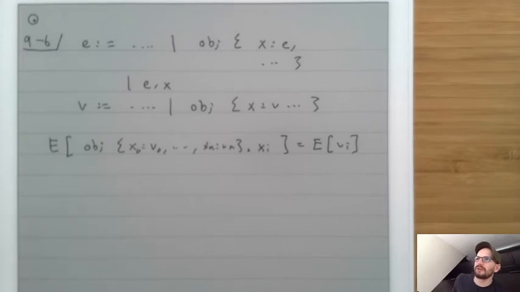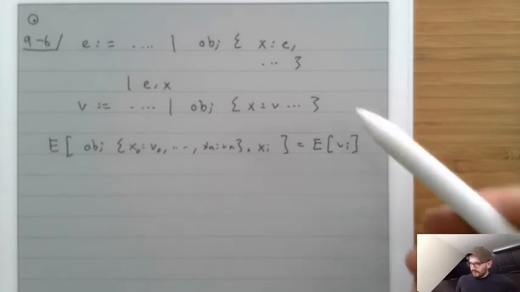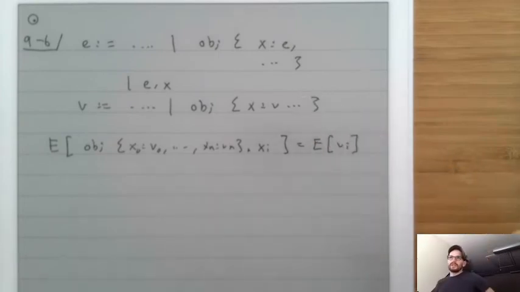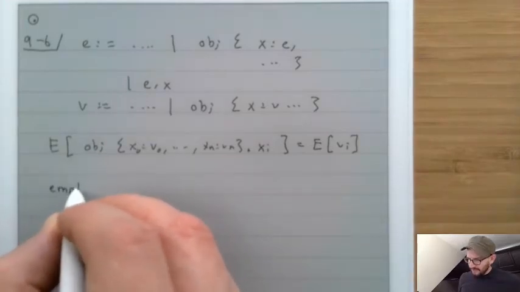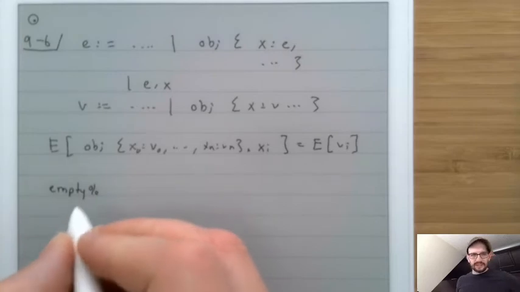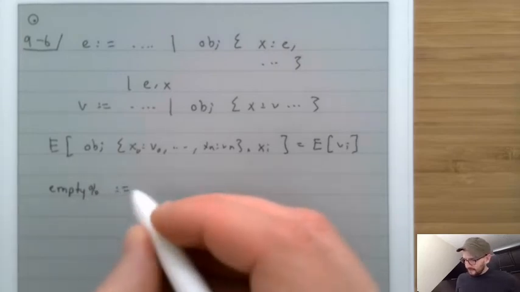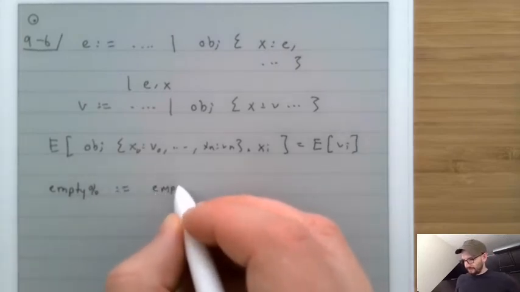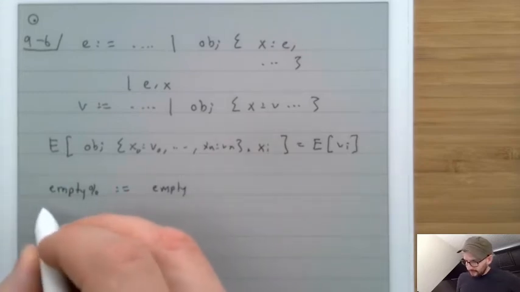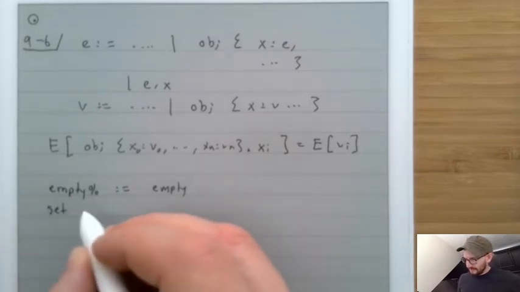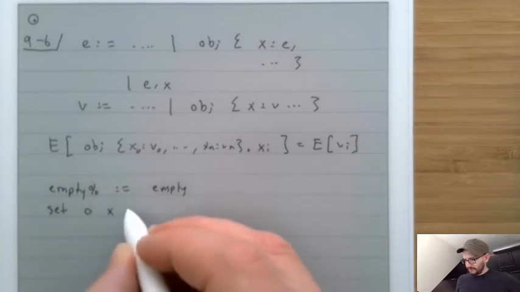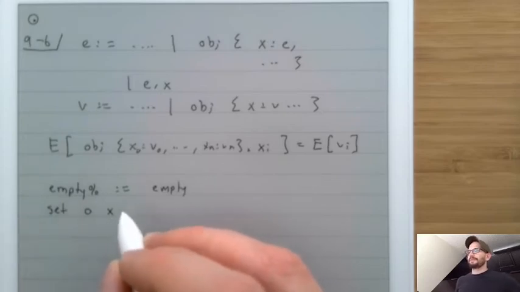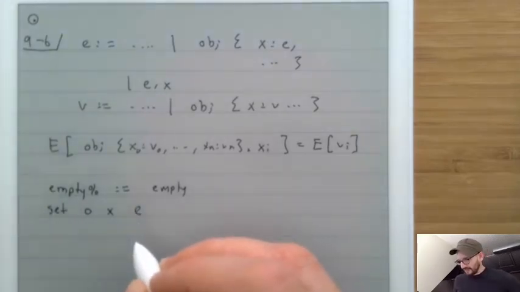So now, how could we implement this? Well, we could create a value in our standard library called empty percent. And why is it percent? Because it's object oriented. That was just the empty list. Then we could write a function called set that takes in an object, a variable name, and then an expression.